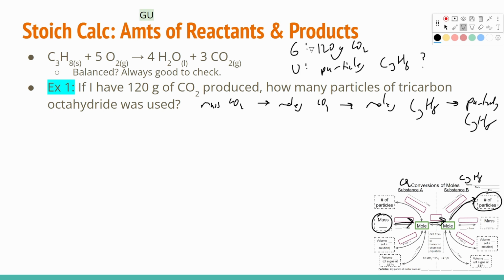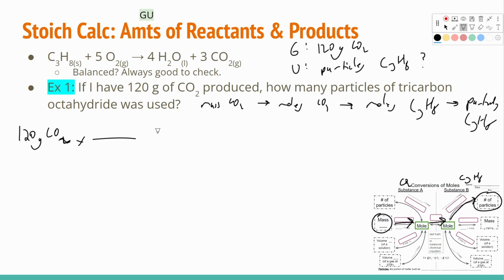So my mass of CO2 was 120 grams of CO2. And so that is going to be the first box. I'm again going to moles of CO2, so I have to use the molar mass of CO2. I preemptively could tell you it's going to be 44.01 grams. Remember, you have to add all the masses up together and multiply by any unit that has more than one.